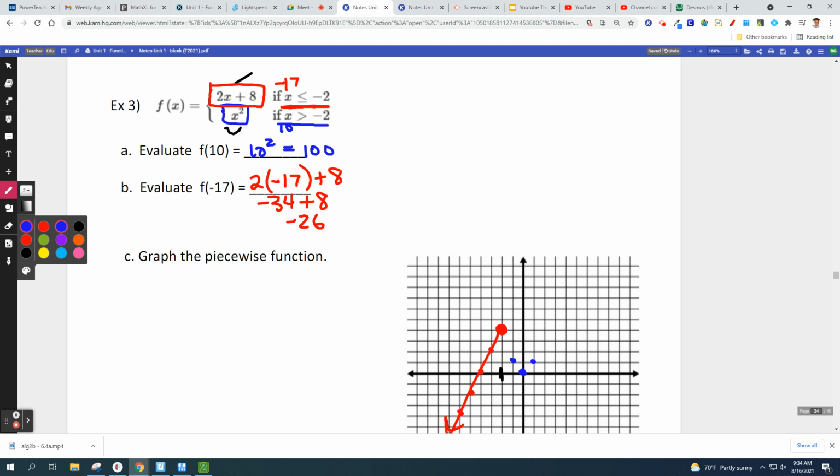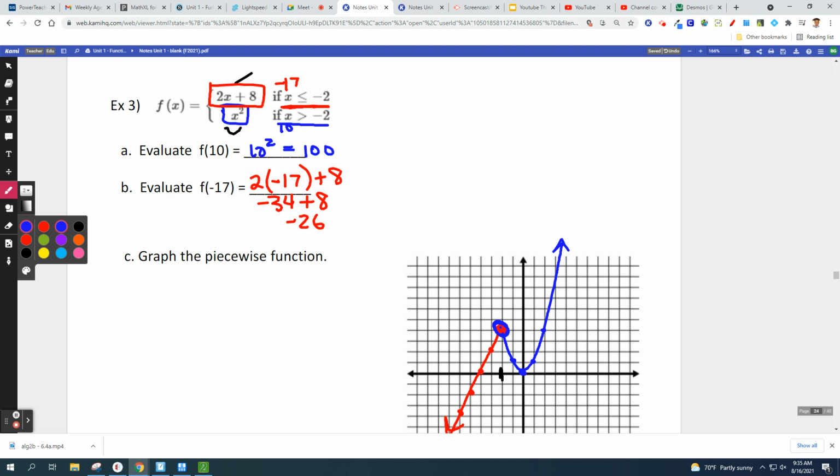That's how I graph them because I'm lazy, I suppose. But if you go up 3, there's going to be a dot there. I don't really want that dot there, though, so I would leave that open. All I want is the part of the parabola that is greater than -2. That's my piecewise function.